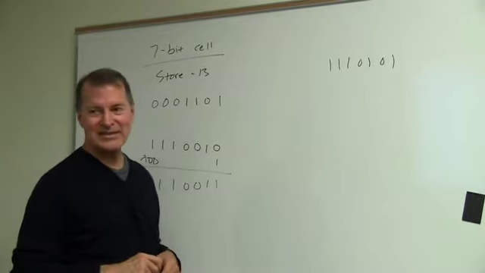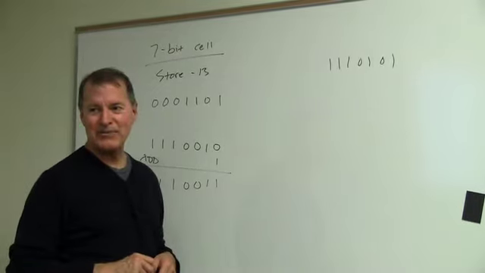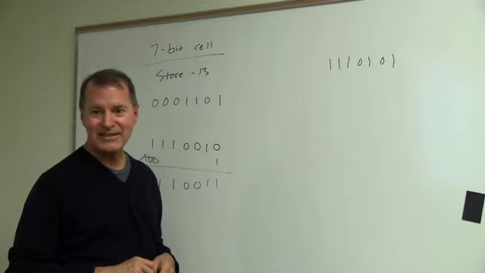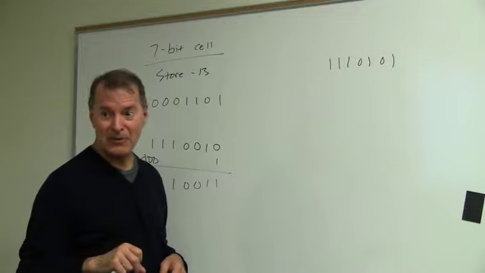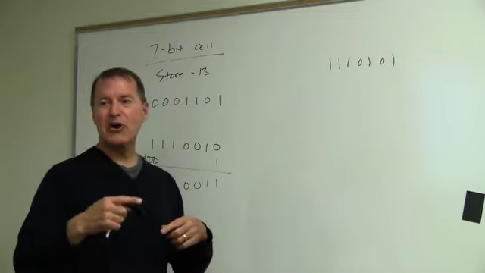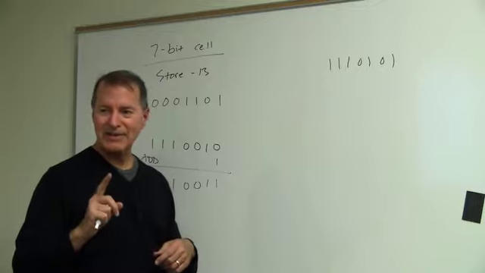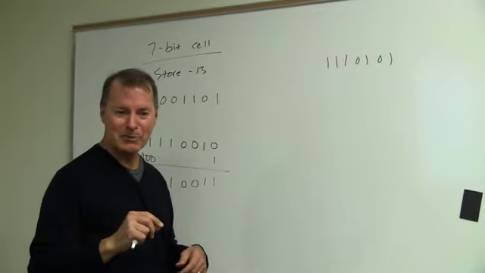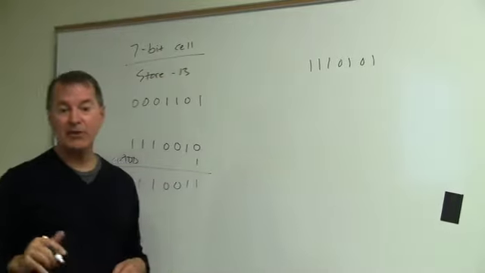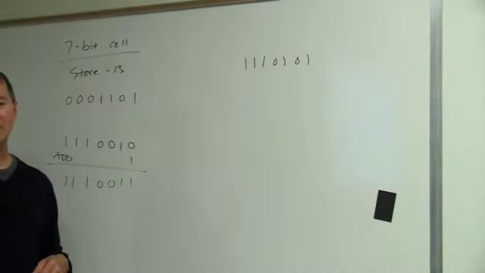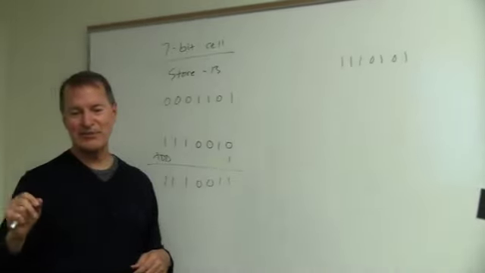What you do is, instead of adding the place values of the ones, you add the place values of the zeros. But then, because of that 1, you're off by 1. So you have to add 1. Well, if there are no zeros, it's 0 plus 1 is 1, so it's negative 1.